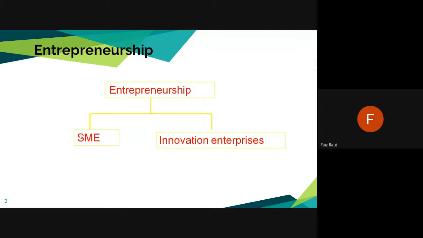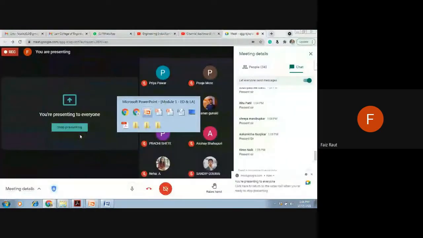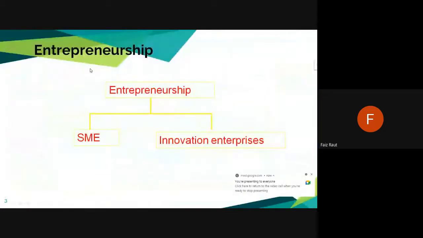They can be very small, like a hair cutting salon, or a small papad manufacturing unit in a shop, selling their products locally in that city, in that district. There can be a restaurant which doesn't have a chain, just a restaurant. So that can be there.